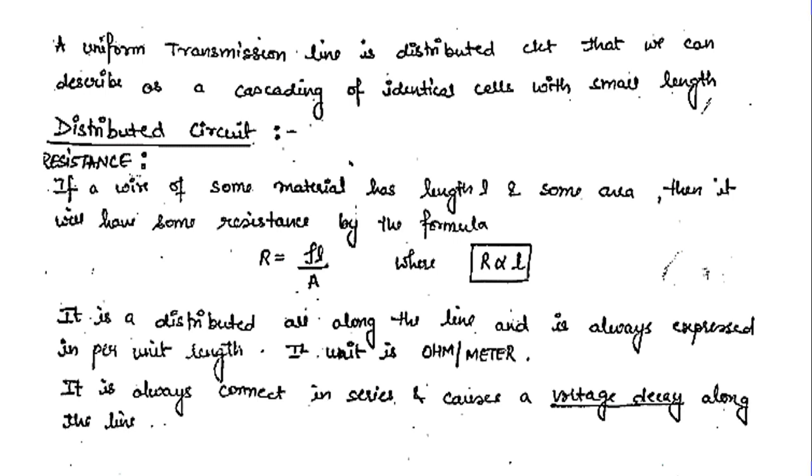As we know, there is a uniform transmission line available with us, so it will have a distributed circuit and will have four components, that is resistance, inductance, capacitance, and conductance. So the first is resistance.